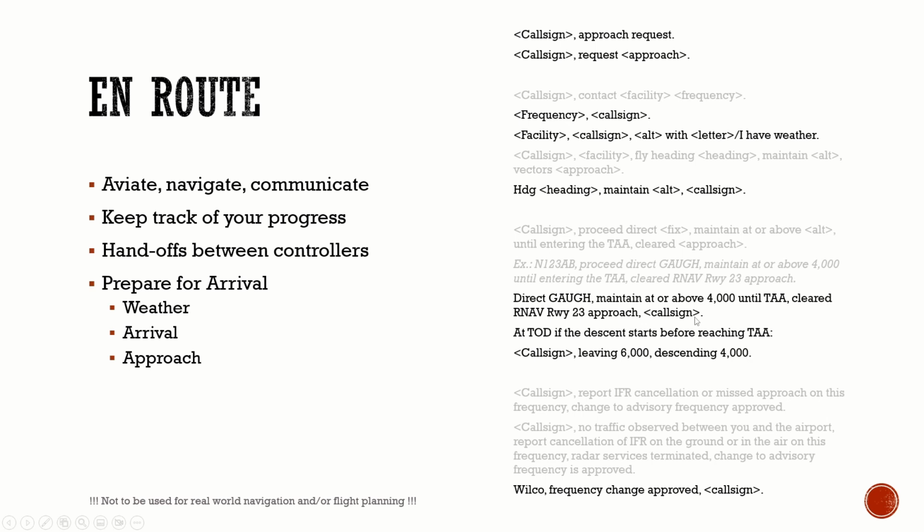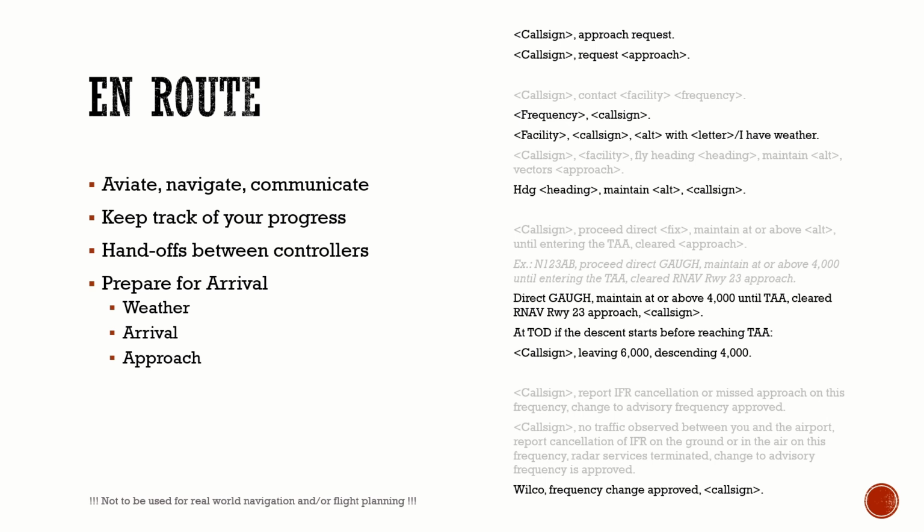The situation is different if you are already within the TAA and if you were cleared for RNAV 23 approach. Because if you were cleared for that approach and you are within the TAA boundaries, that means that you are already at the approach, the published approach segment, and you don't need to announce your altitude changes anymore, because they will expect that you will descend, of course.